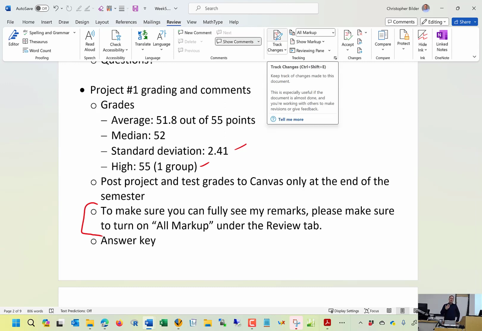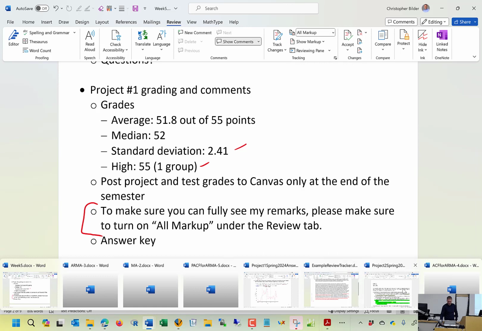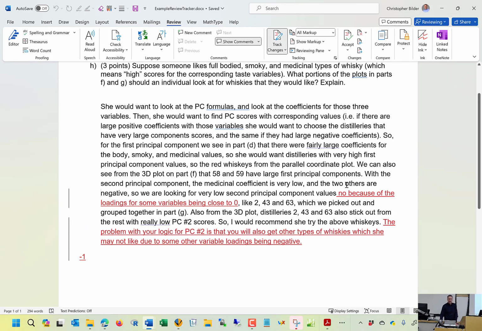To fully see my comments, make sure that you turn on all markup under the review tab. Notice how it says all markup, where my mouse is, right here. The reason I say that is because I found that some students are not as familiar with how to use the review or track changes tool in Word, and also the default for the track changes tool is not necessarily ideal.